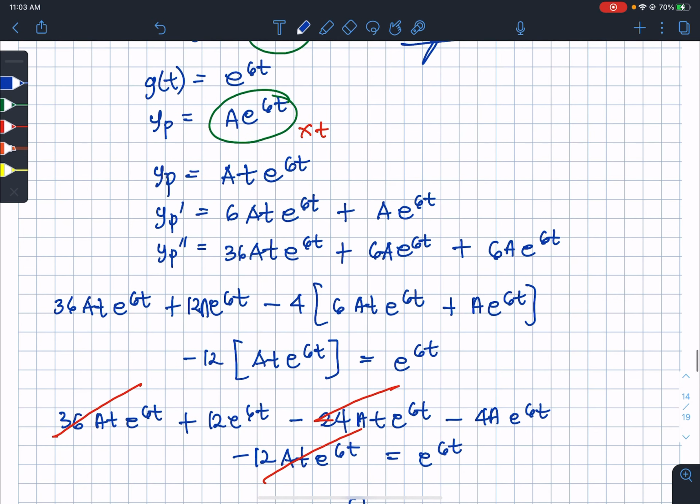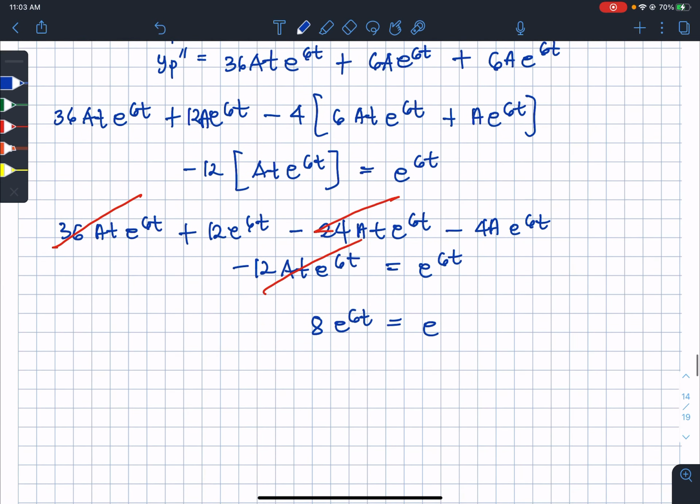This is 12a, so 12a minus 4a is 8a e^(6t). So a then is equal to 1 over 8.